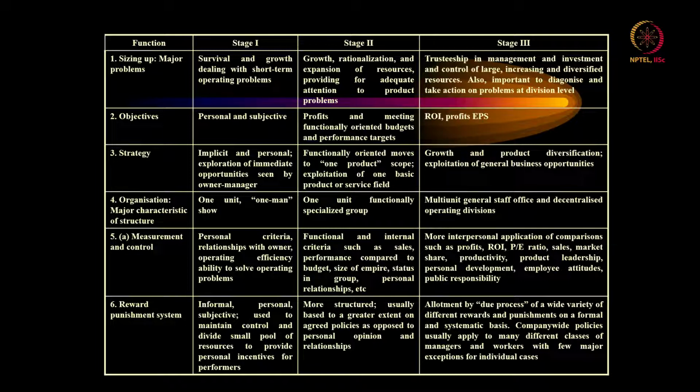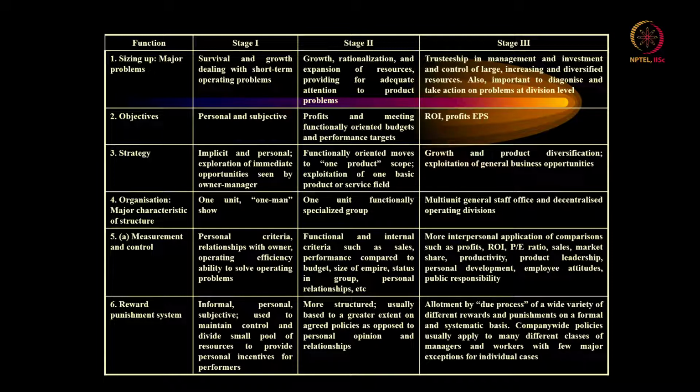When it comes to stage 3, it becomes even more democratic. If you see, allotment by due process of a wide variety of rewards, different rewards and punishments on a formal and systematic basis.